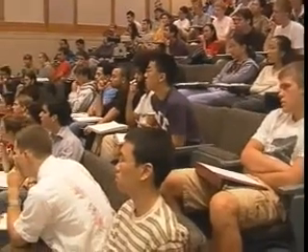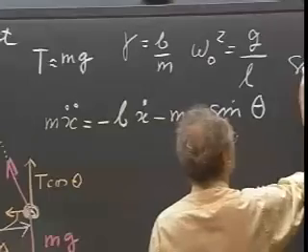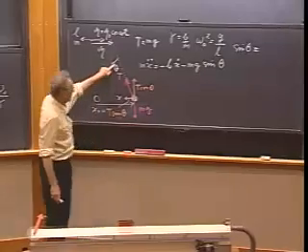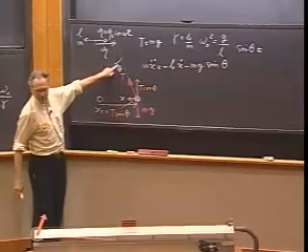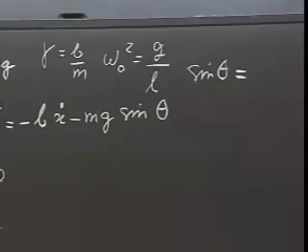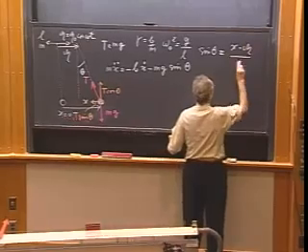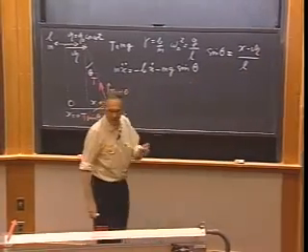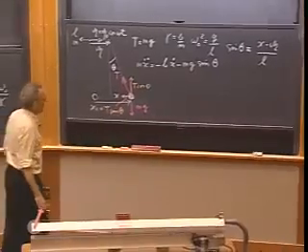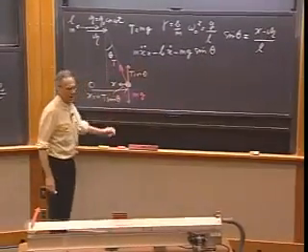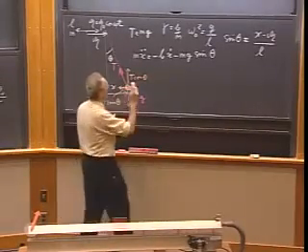What is the sine of this angle? It is x minus eta, that's Walter Lewin, divided by L. There I am. And so I'm going to substitute that in here. Let's not divide by m yet.